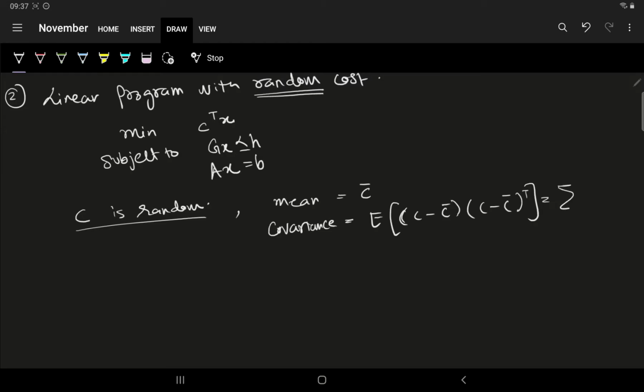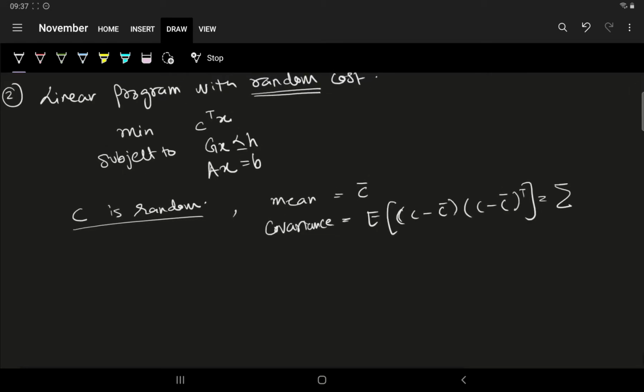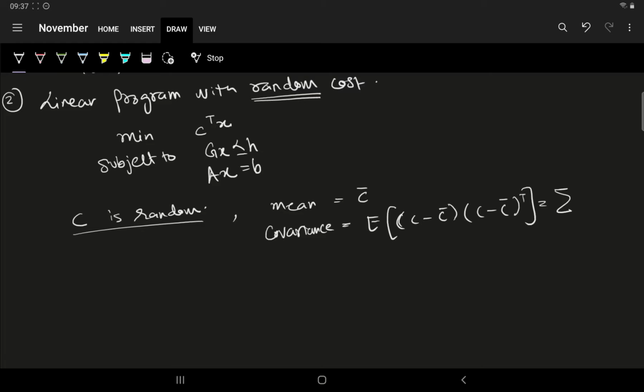We are using this notation, and we keep the other parameters deterministic.